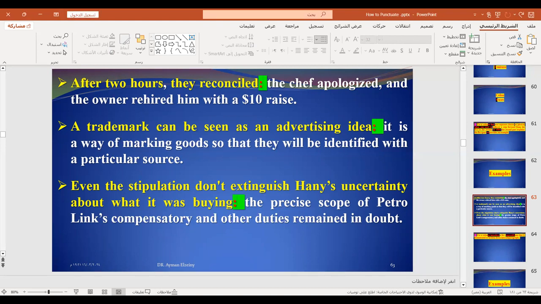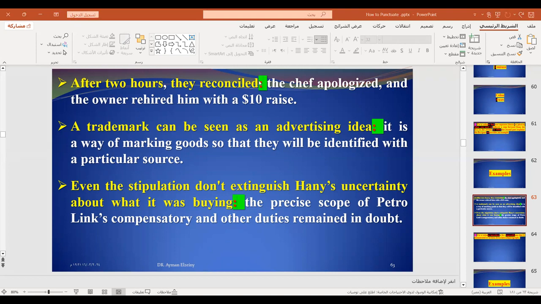So the first sentence or phrase is: after 2 hours, they reconciled.